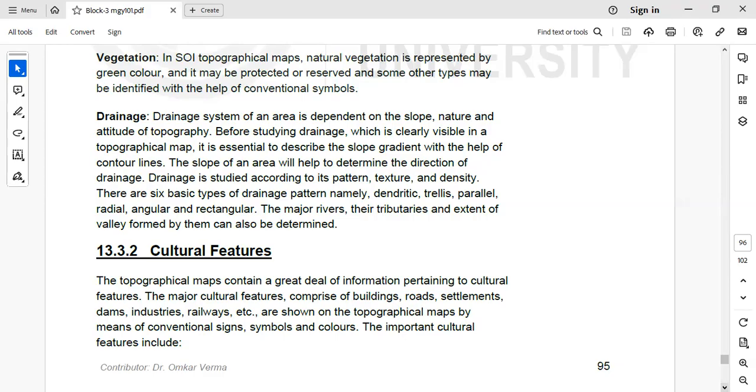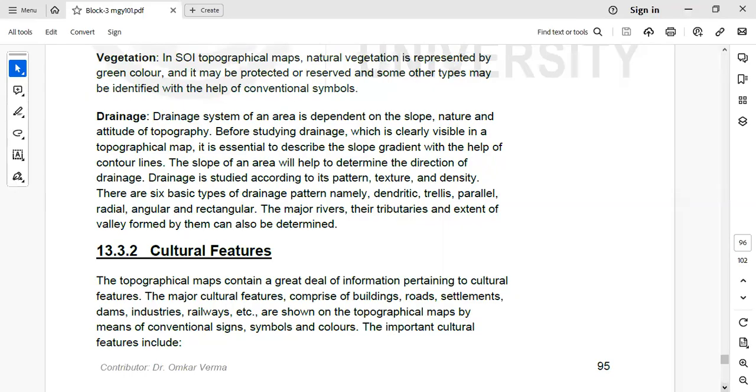Therefore, a proper understanding of the colors and symbols is very important for us to accurately identify or interpret the physical as well as cultural features present within the topographical map.